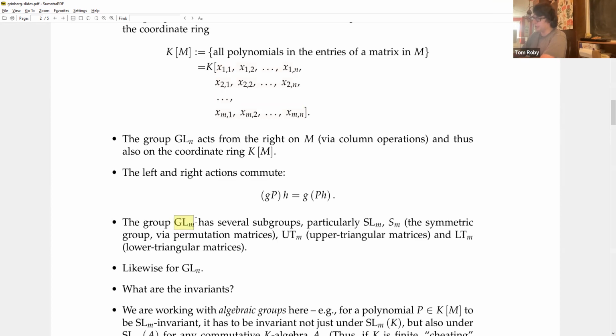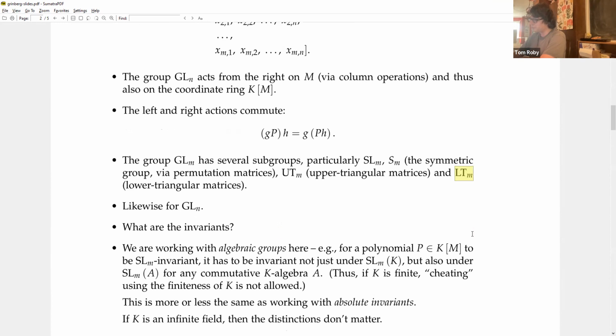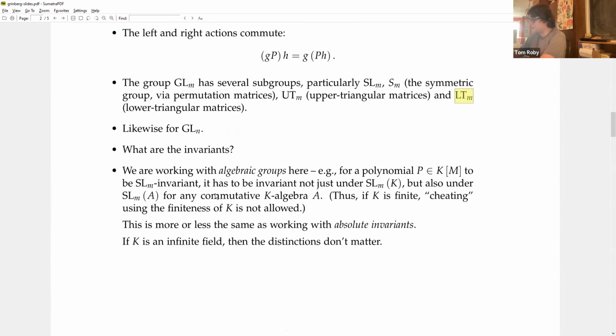And of course, GLm has several subgroups: SLm, the symmetric group, upper triangular matrices and lower triangular matrices. And for the sake of completeness, we are working with algebraic groups, so don't worry about the field being too small or the field not being a field.